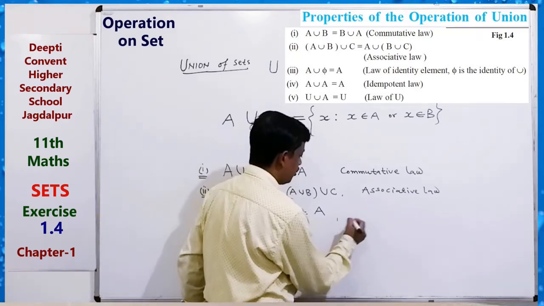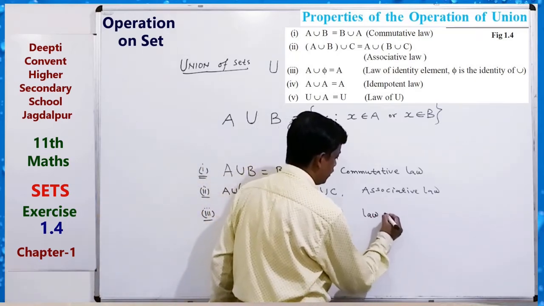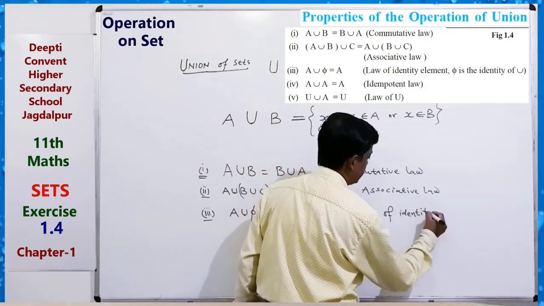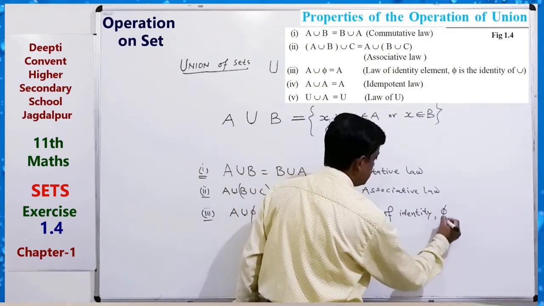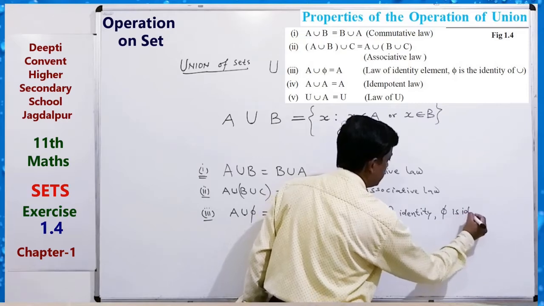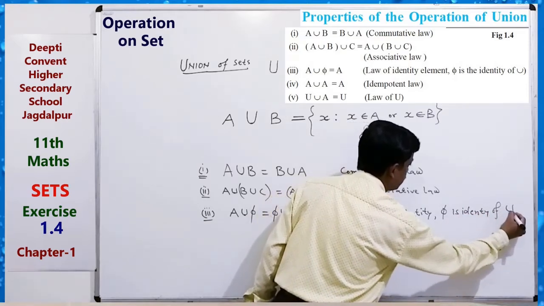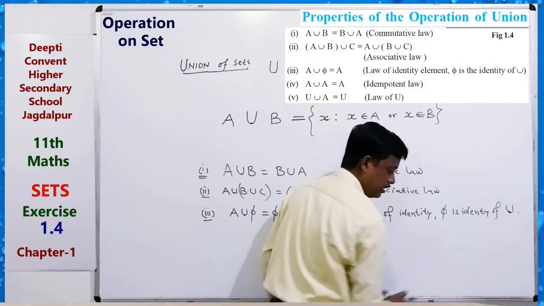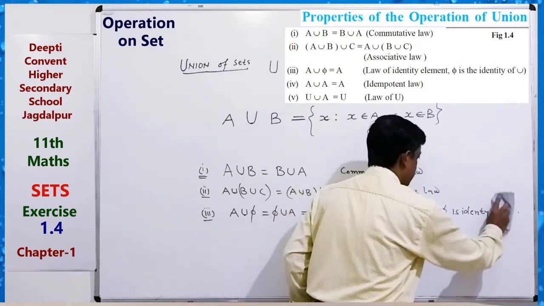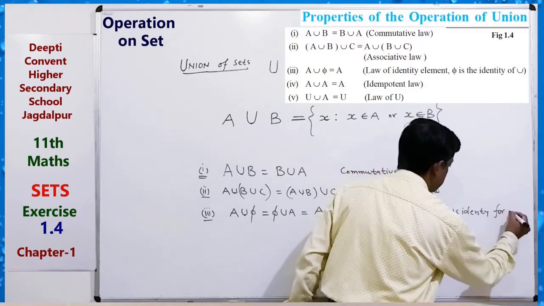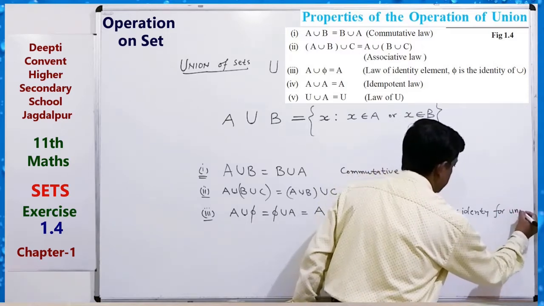This is the law of identity. Phi is the identity for union.